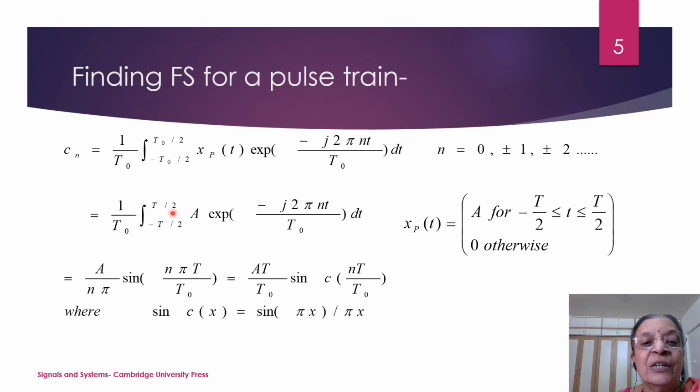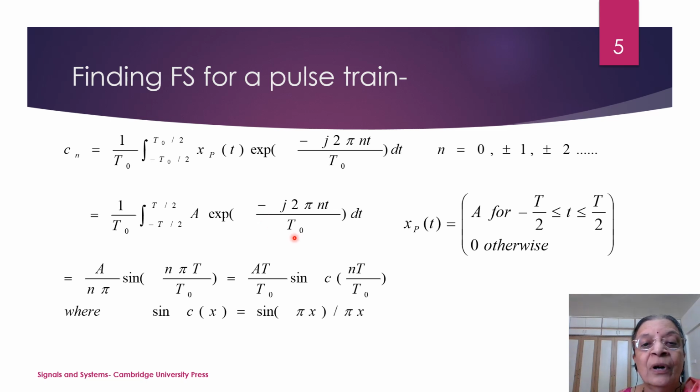So when I write plus T by 2, it will be minus j 2 pi n capital T by 2 upon T0, so that 2 will cancel, minus the value at minus T by 2. So in place of t I will write capital T by 2 but negative, so it will become a plus term.